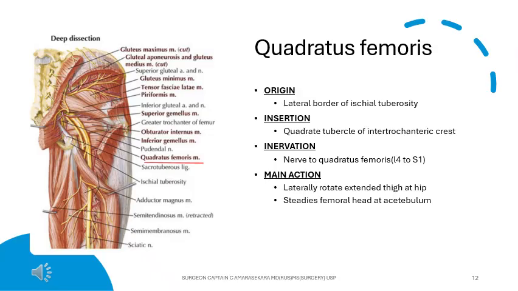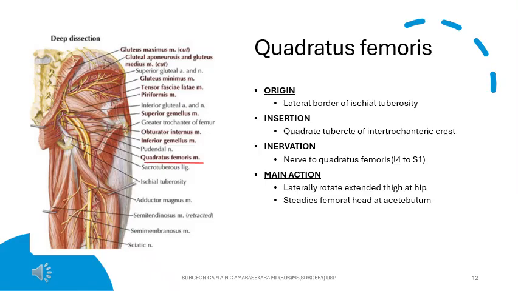In axial imaging, it appears as a dense rectangular muscle bridging the pelvis and femur, often used to define the posterior boundary of the hip joint and guide beam orientation in pelvic treatments.